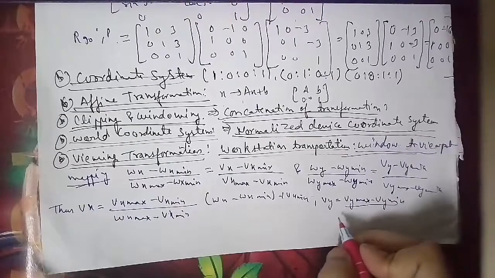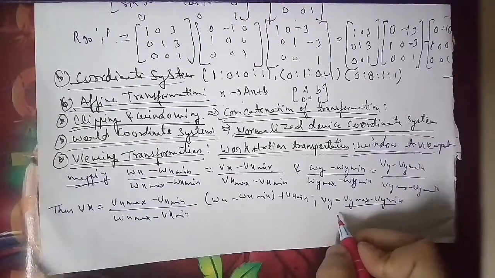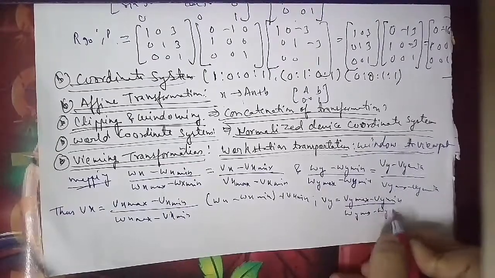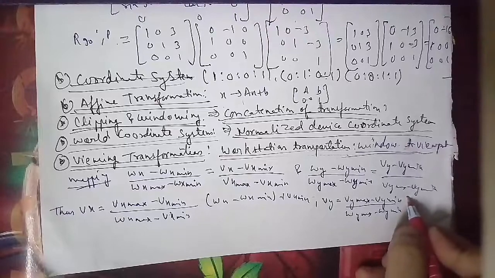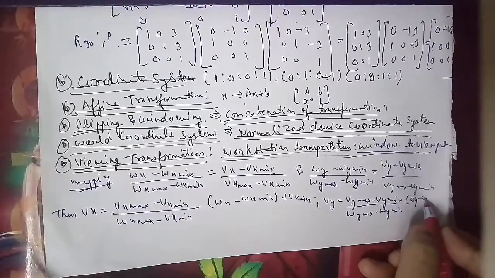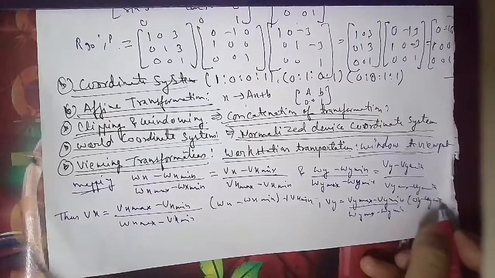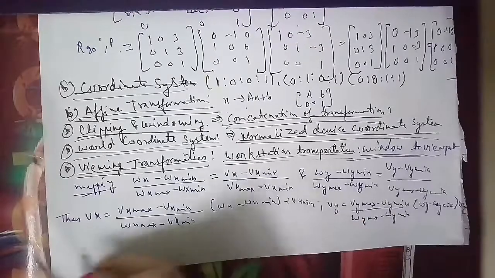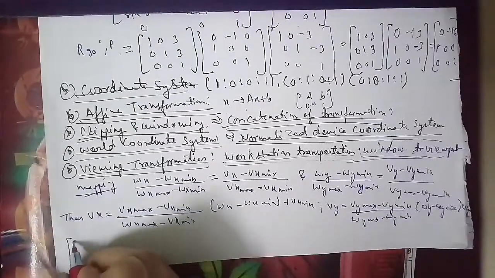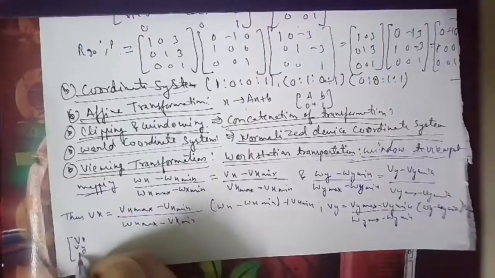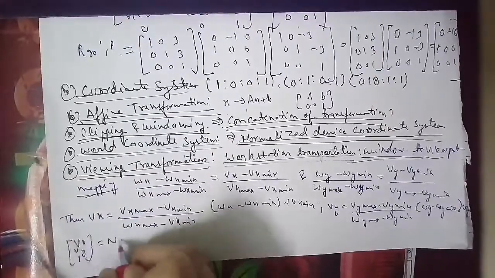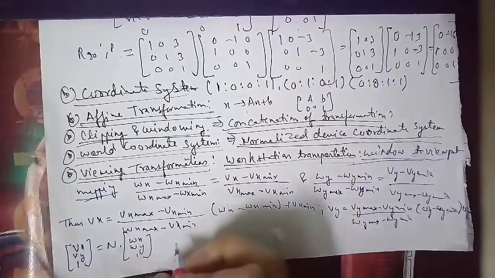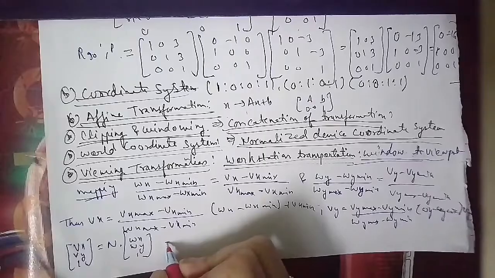For that we have the scaling matrix: first row (Vx max minus Vx min) upon (Wx max minus Wx min), 0, 0; second row 0, (Vy max minus Vy min) upon (Wy max minus Wy min), 0; third row 0, 0, 1.